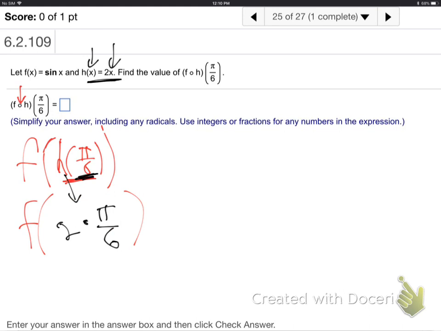We good so far? Then put this over 1, and cancel these out. And so this is f of pi over 3.